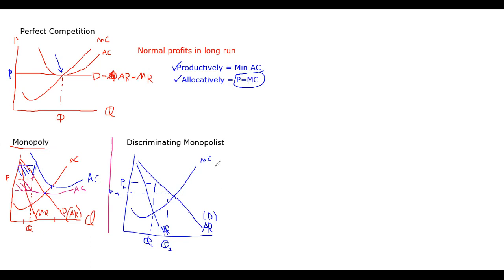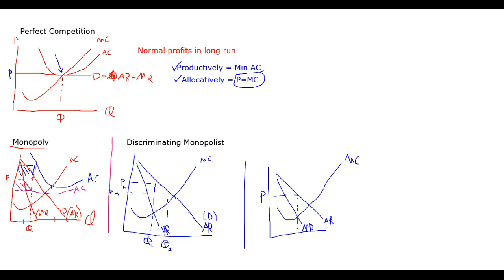Also, this is a little messy diagram, but if you want to show deadweight loss under monopoly, so if you have AR, and this is your MR, and this is your MC, not drawing AC, you'd equate till here, and you'd find the price from here.